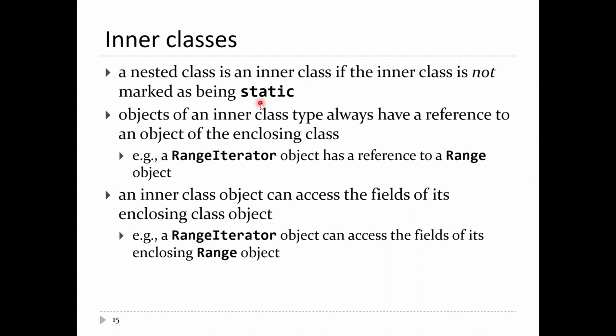For a static class, that's not the case. We'll see that later on in the course. Because the class is not static, though, our range iterator always has a reference to the range that it's iterating over.